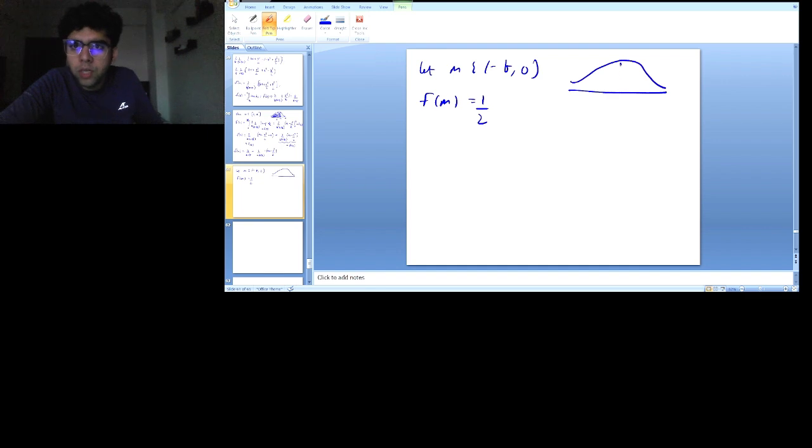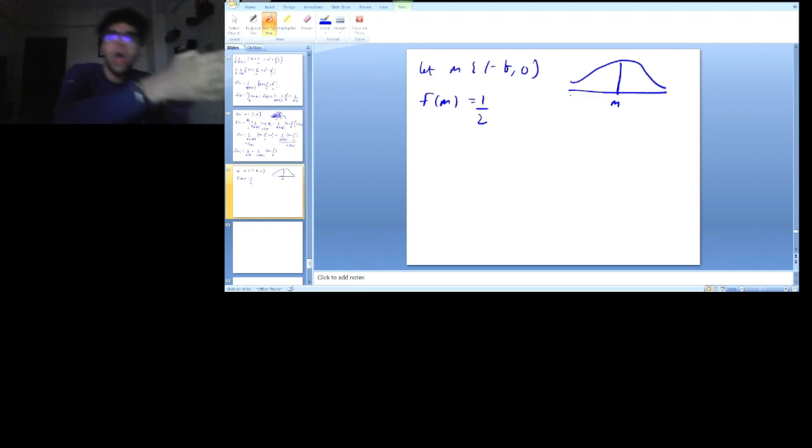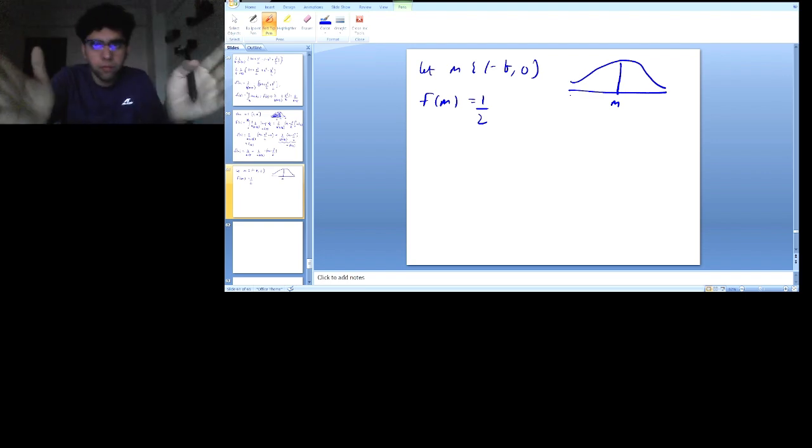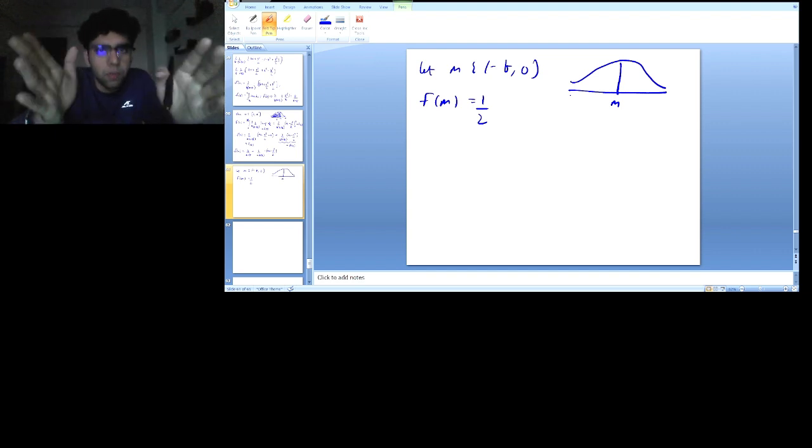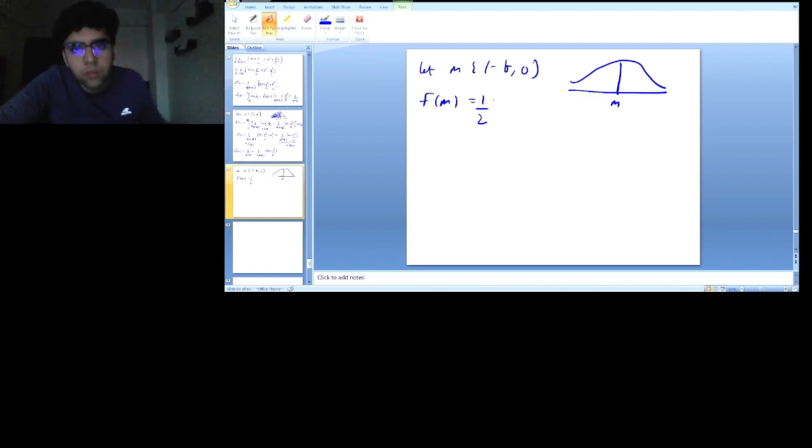Median just shows me that the area under the curve from the lower limit to m, my median, is equal to half, or the probability prior to m and after m is equal to half. So it is dividing the distribution into two equal parts. So f of m is equal to half, or in probability terms, the probability that x is less than or equal to m is equal to half.